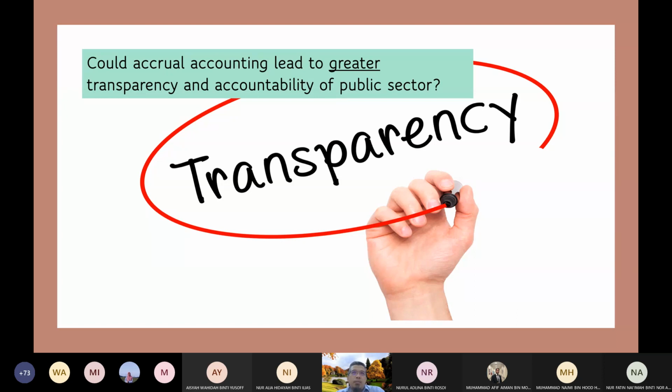Accrual accounting is being promoted by international bodies like IFAC, and there is commitment by the government also, because possibly it's an international trend. It is also very consistent with private sector practice. And you can see the commitment of the Malaysian government, through the AG, the Accountant General, to implement or adopt accrual accounting.